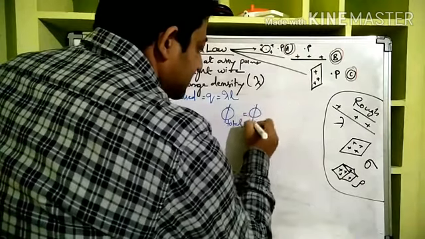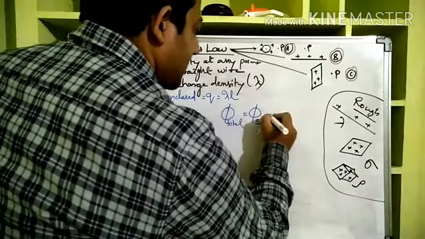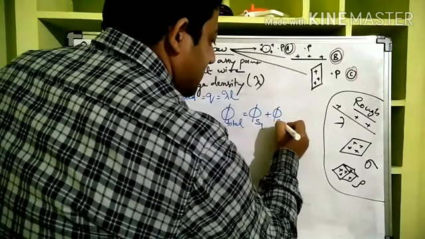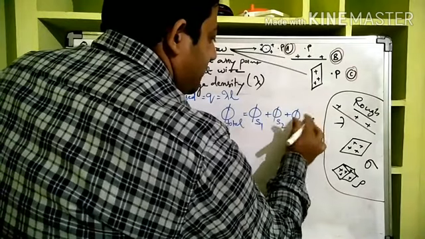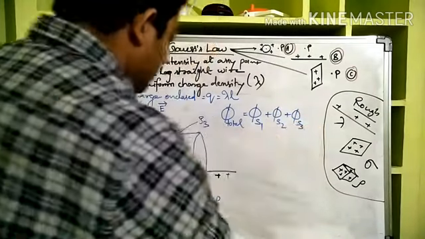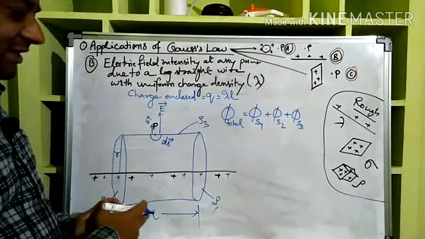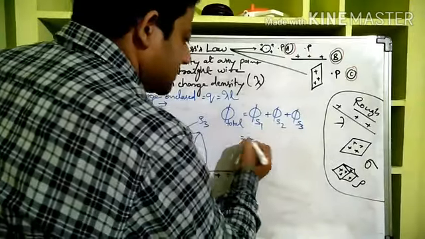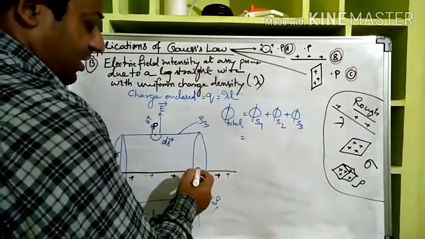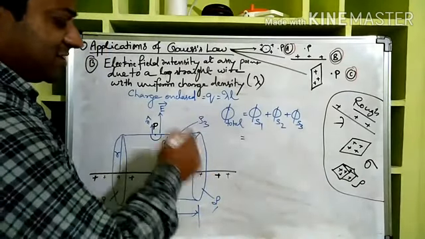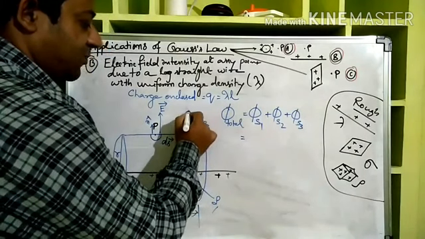It is equal to flux through S1 plus flux through S2 plus flux through S3. This is the total flux through the closed surface, the total cylinder. Now see, will there be any electric field line touching S1? All these electric field lines are moving in the upward direction, right?